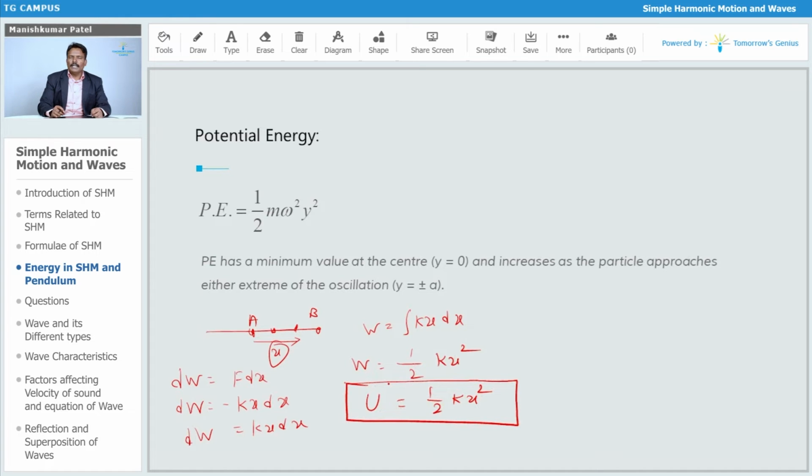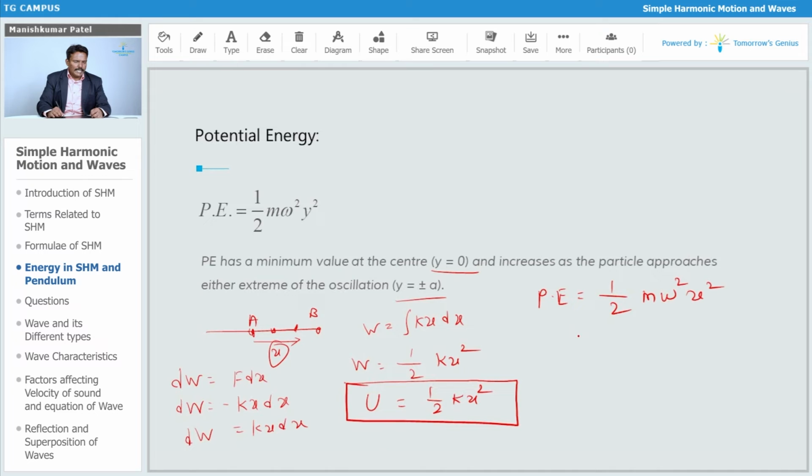You can also write half k is equal to m omega square, so it is half m omega square x square, or instead of x you can take it as y also, no issues.